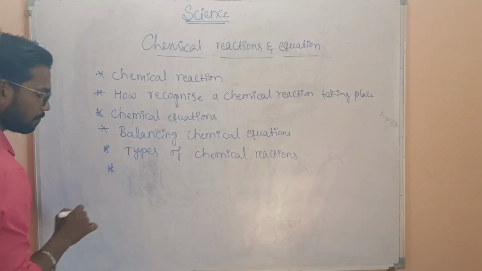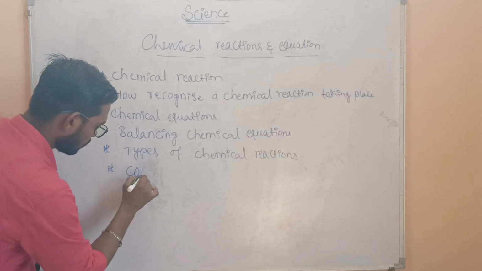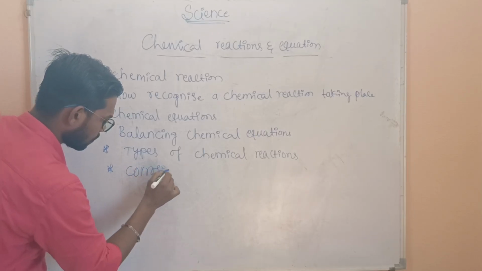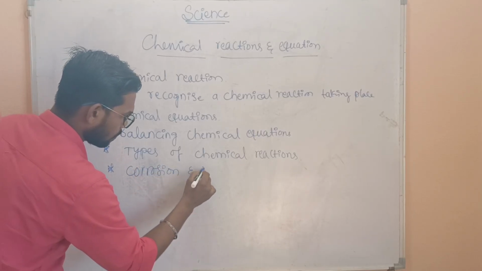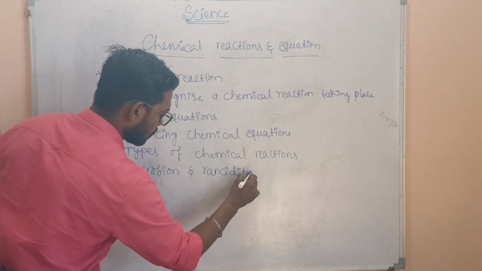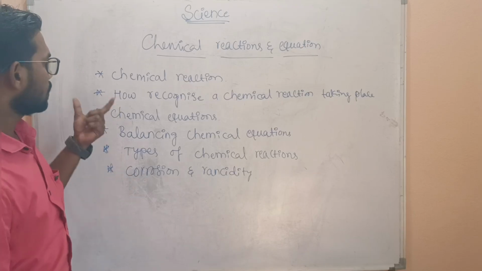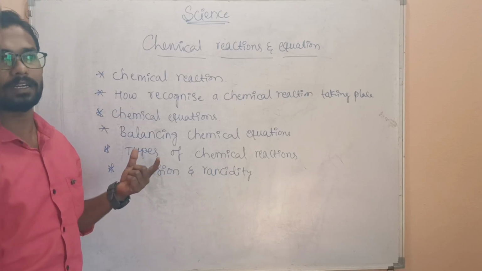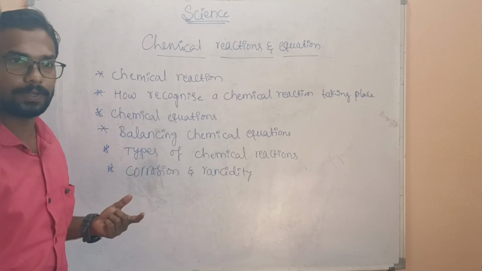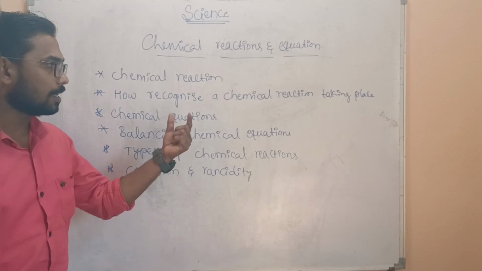And the last part of this chapter is corrosion and rancidity. So here we got the main topics of this chapter, that what we are going to study in this chapter. Here these all are the points that we are going to study in this chapter.